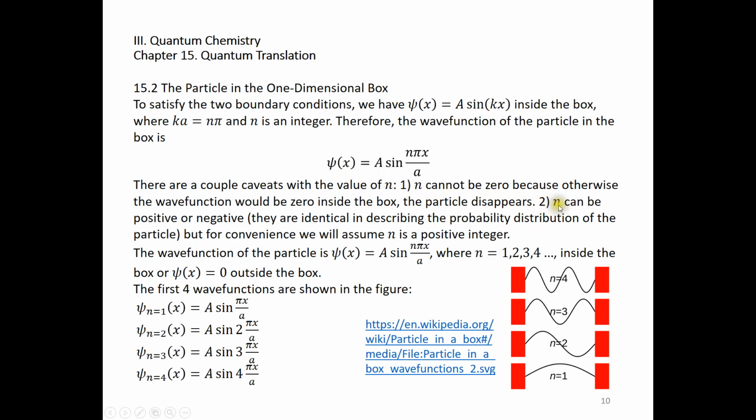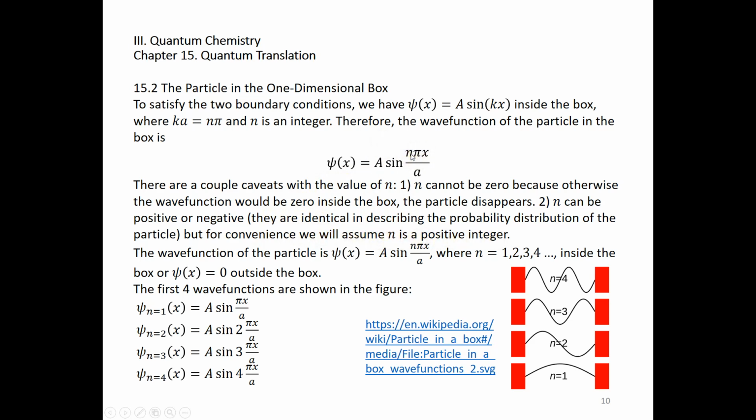So number 2, n can be positive or negative, because they are identical in describing the probability distribution of the particle, because in the end, we need to take the squared modulus of psi to get the probability density. So whether it's plus or minus, when we take the squared modulus of psi, it's going to be the same. For convenience, we'll just assume n is a positive integer.